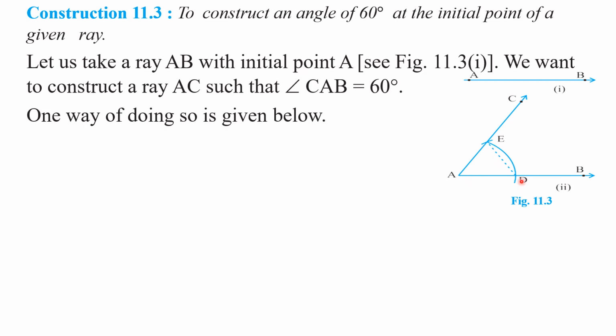We know that in an equilateral triangle every angle is 60 degrees. Automatically, angle CAB is equal to 60 degrees.